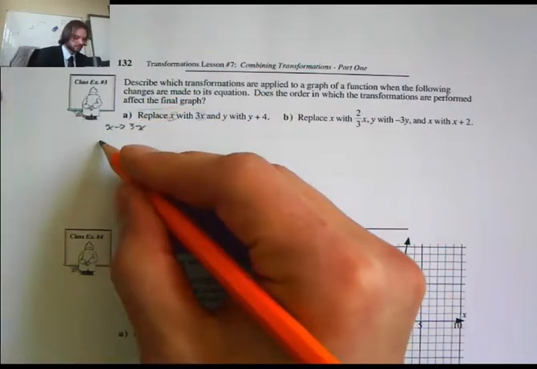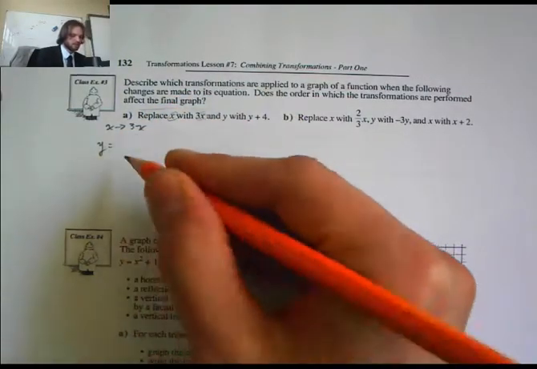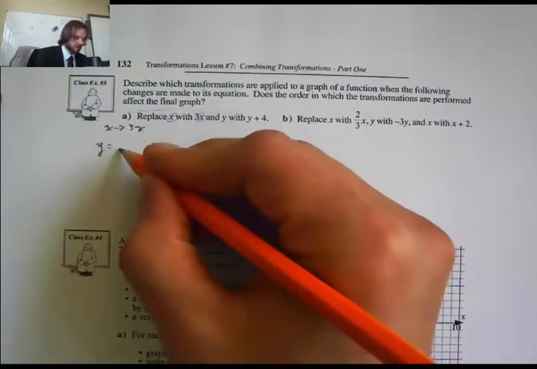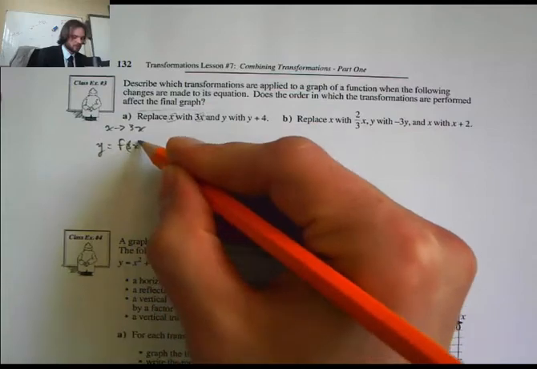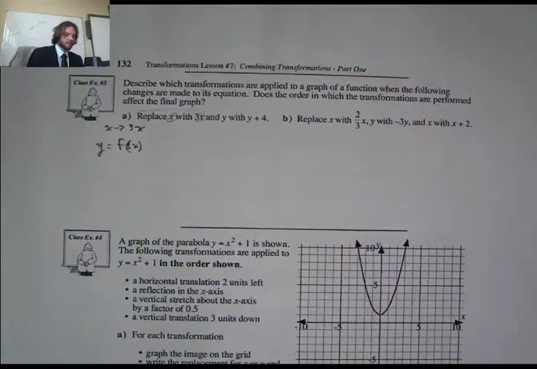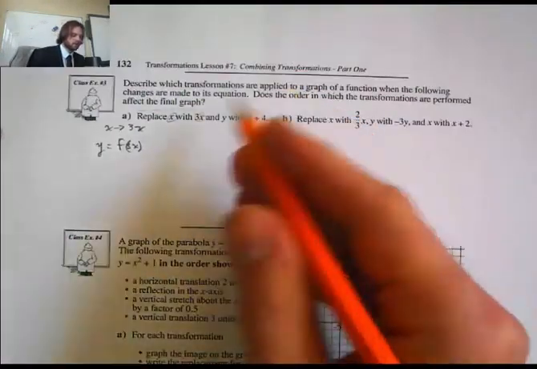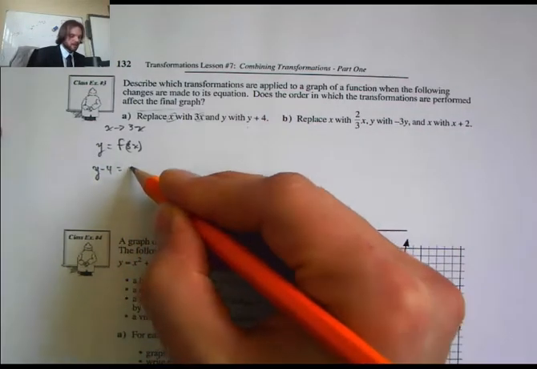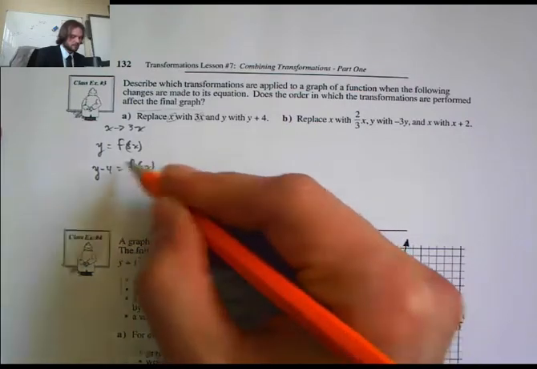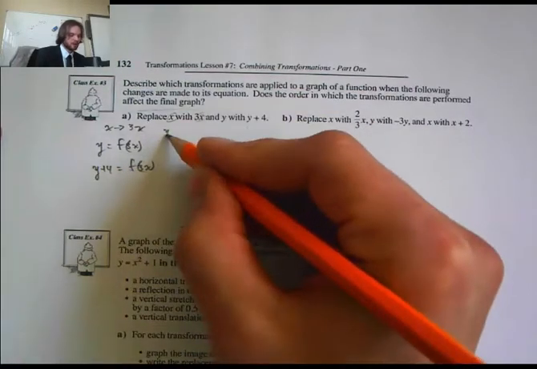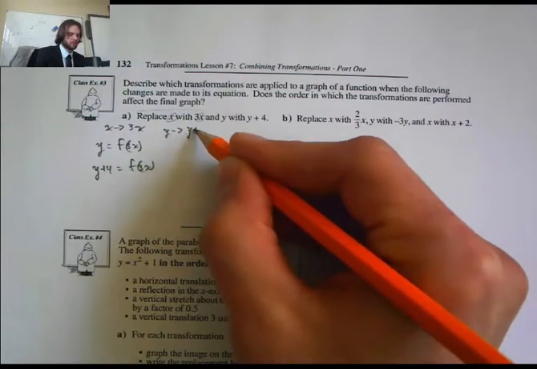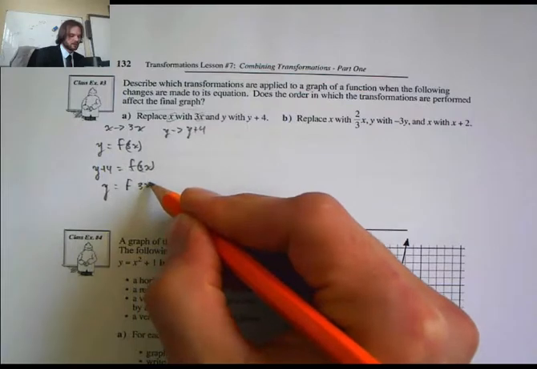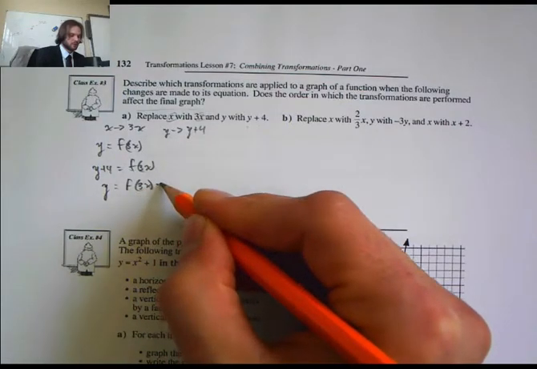We end up getting y is equal to f of 3x. Then we replace y with y minus 4. So y subtract 4 is equal to f of 3x. Oops, y plus 4. Because y goes to y plus 4, we're replacing with that. So we end up getting y is equal to f of 3x, and we have to subtract 4.